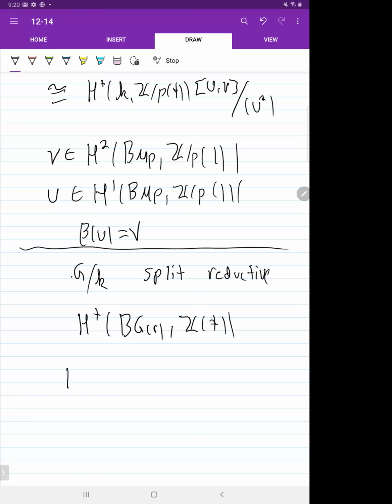So take a quotient that approximates BG_r.